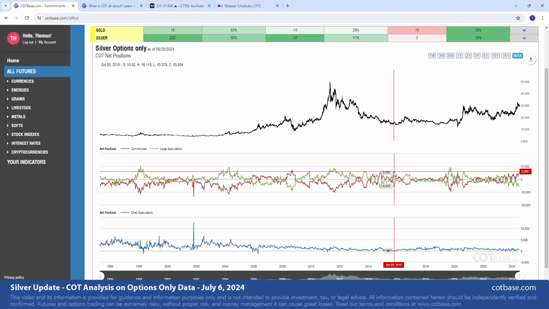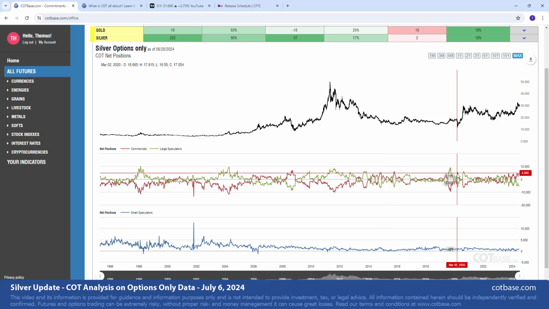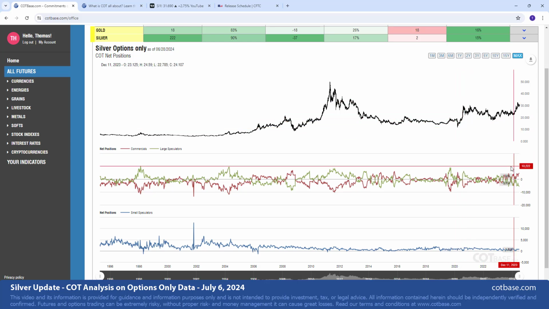You can go back in time and see what happened when we had a bullish extreme. You can see just over here, this was about 5,500 contracts net long for commercials at that bottom after the COVID panic. And we are at a bullish extreme once again, even though silver is targeting prices above $30 now.